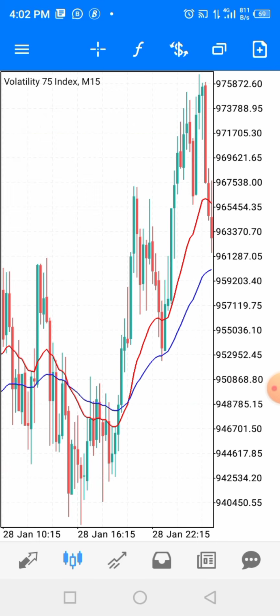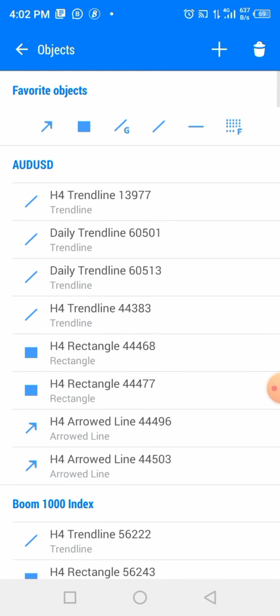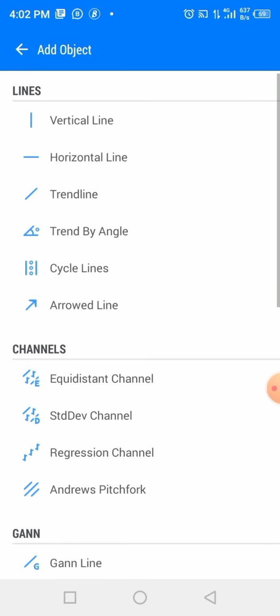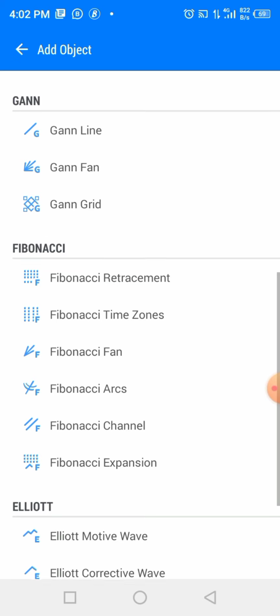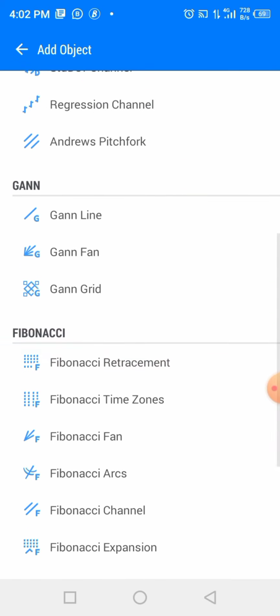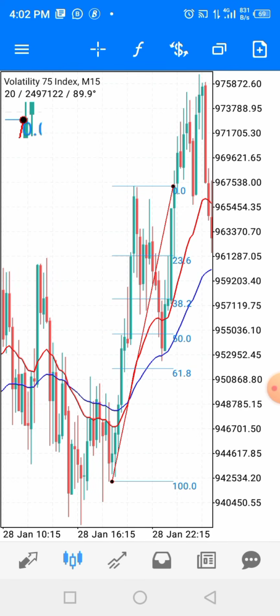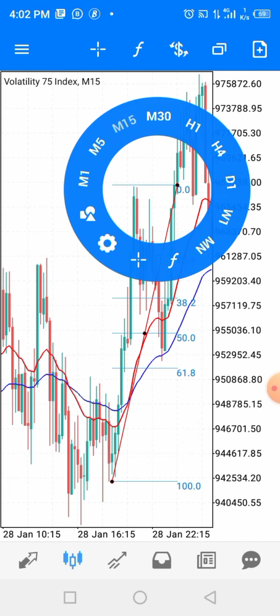What you do here is use our Fibonacci tool to confirm. This is the Fibonacci tool: you click on the plus icon and you are going to see Fibonacci retracement. You click on it and drag from the low to the high.